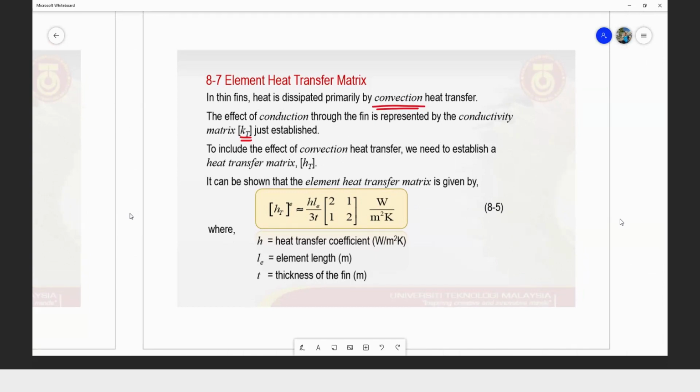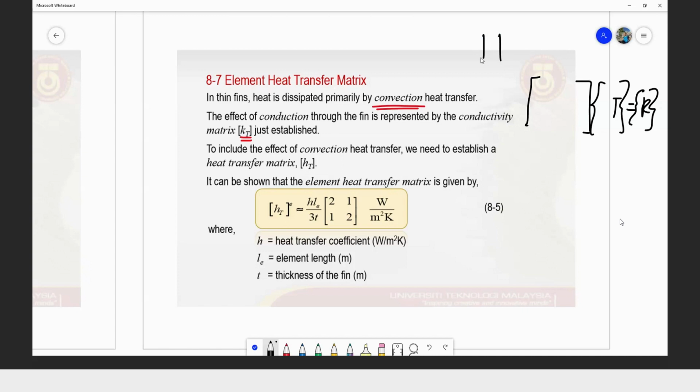So kalau ingat sebelum ni kan, when we have a problem with a convection, so we have to modify, let's say convection berlaku pada node number 1. Berlaku dekat sini kan.